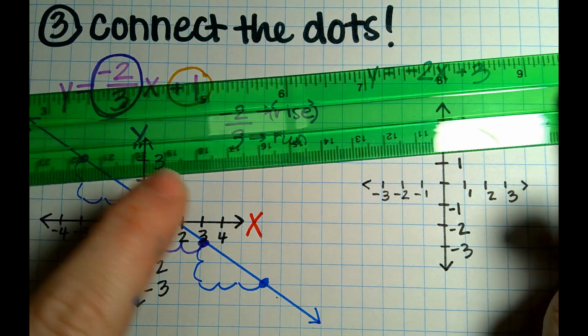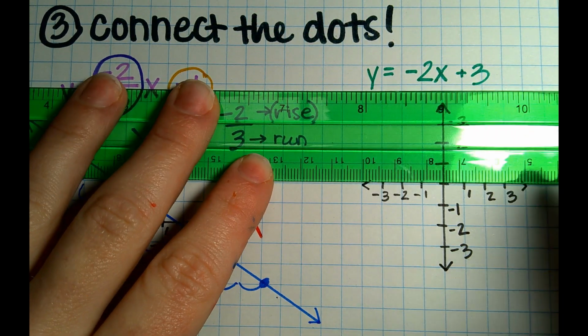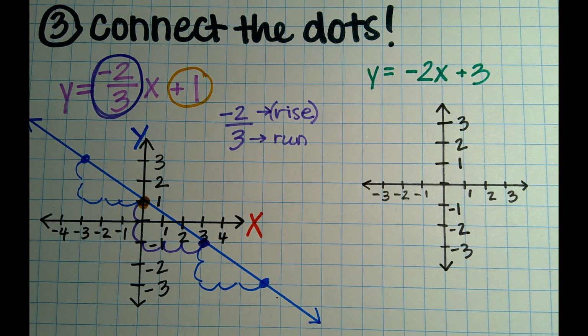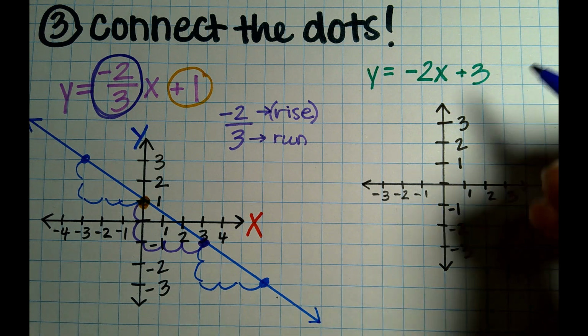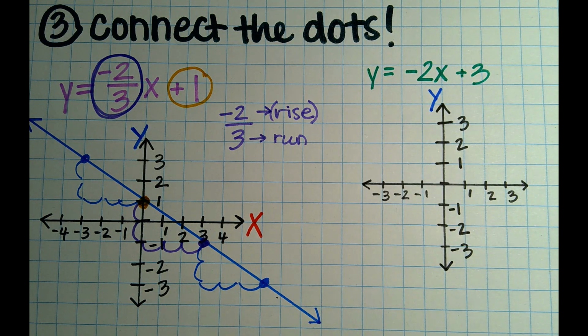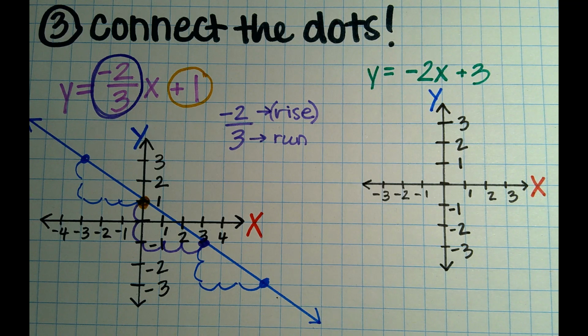I think it's kind of fun to draw it. Okay, there we go. And I will label my x and y axis. And I'll give everyone a minute to get caught up with that.